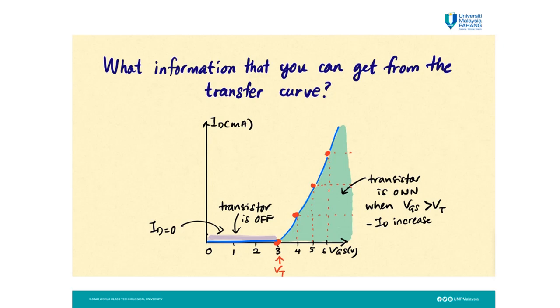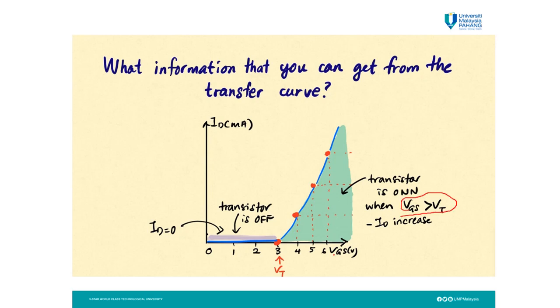Now what information can you get from the transfer curve? Can you see the blue area? This is the area where the transistor is on. We can say the transistor is on when VGS is greater than VT.